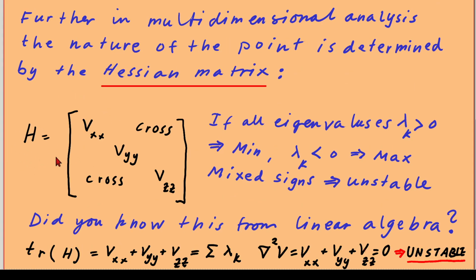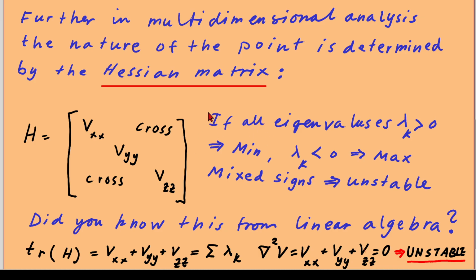Here is the matrix, and here is the derivative d2V with respect to dx2, the second derivative with respect to x, and the second derivative with respect to y, and here z, and here are cross derivatives, which I don't really care about right now.